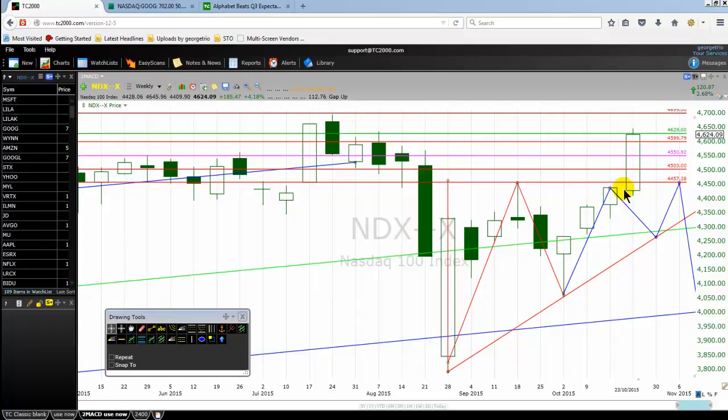Then on Friday, the 23rd of October 2015, the NASDAQ 100 gapped up, and we have this tall candle. We want to know why the NASDAQ 100 gapped up on that particular day, and why the price did not come down as we expected.